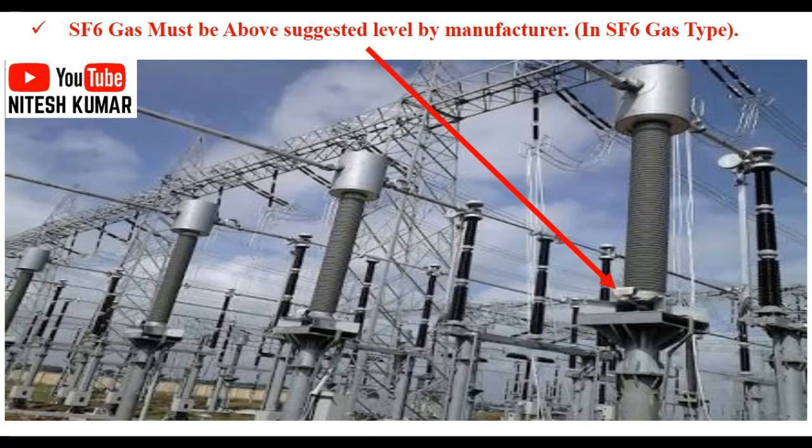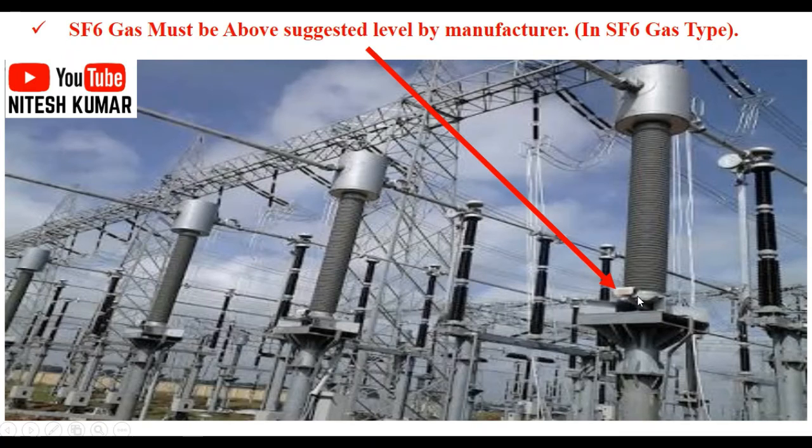Next point is that if that CT is SF6 gas type, that means if SF6 gas is used for the cooling purpose of the CT, okay, then you have to check that the SF6 gas must be above the level suggested by the manufacturer. This red color arrow is shown in the picture, okay. There will be one pressure gauge that will show you the gas pressure of the SF6.